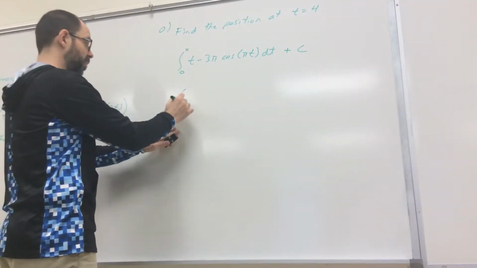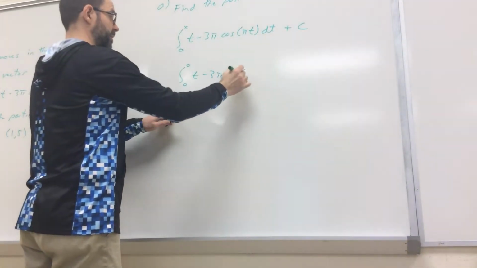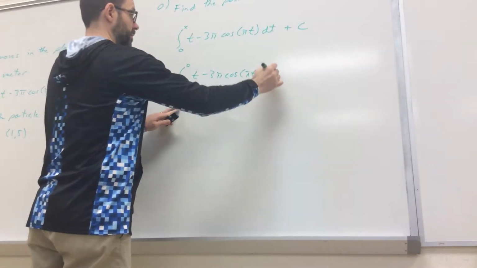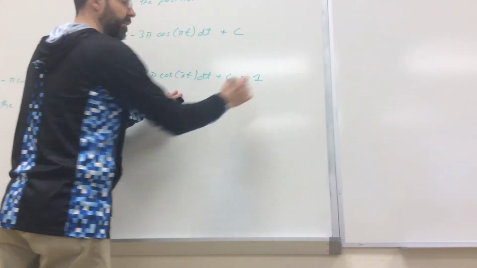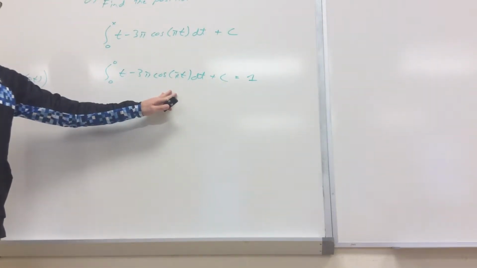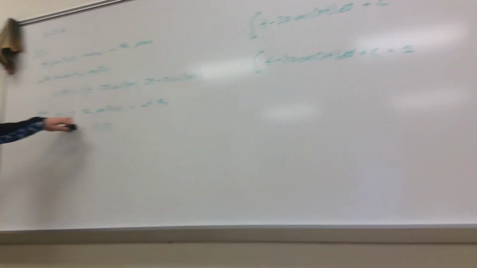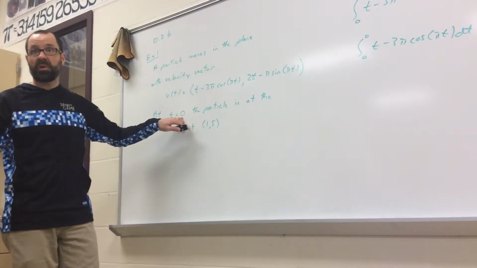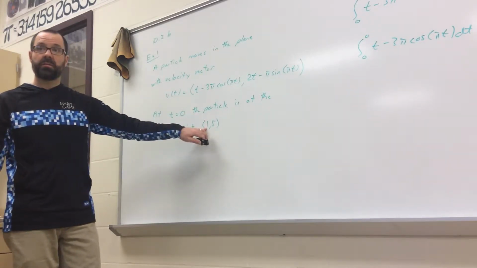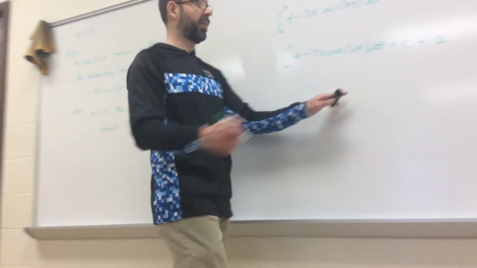So I know if I put a 0 into this, it's supposed to spit out 1. And the reason I know that is at time t equals 0, the position for the x component is 1. So then that tells me c is 1, right?